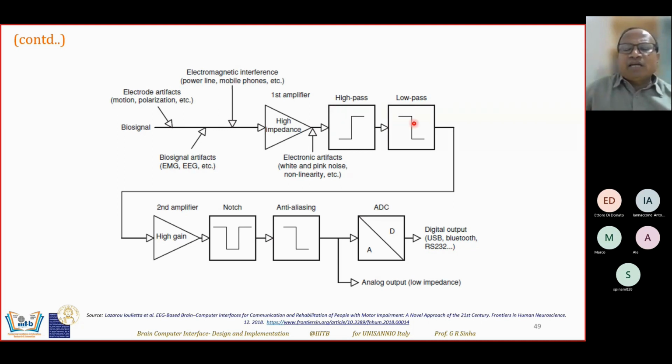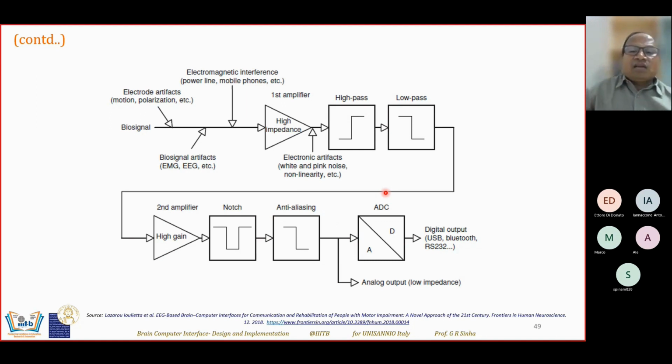A notch filter is a kind of band pass filter where the pass band is very narrow. Look at here, we are using a notch filter here. Then if there is any aliasing effect because of all these effects, we can use anti-aliasing, and then finally subject it to the ADC.